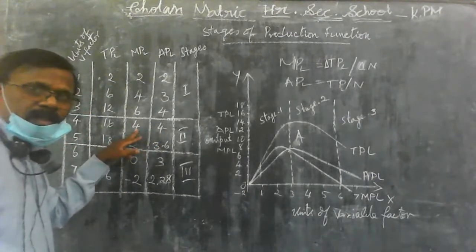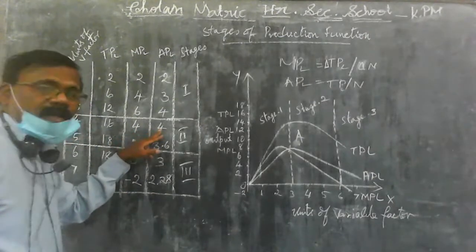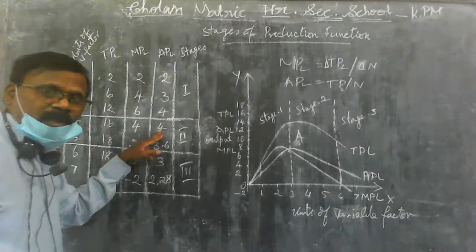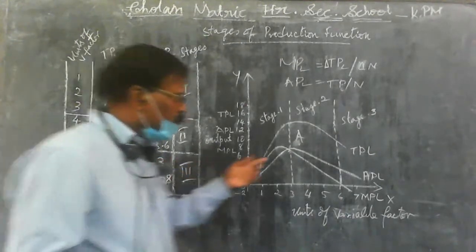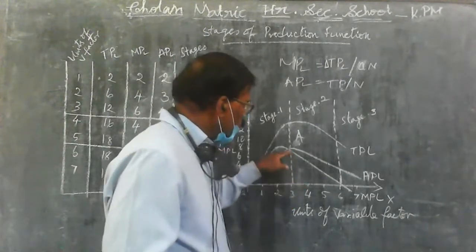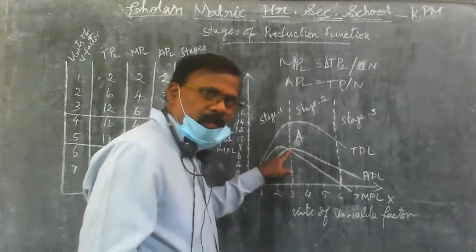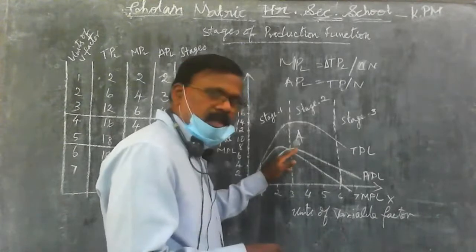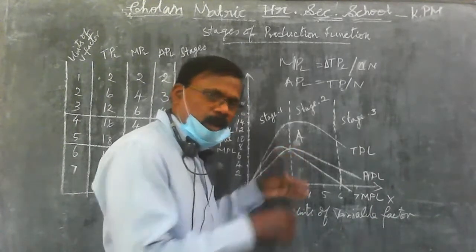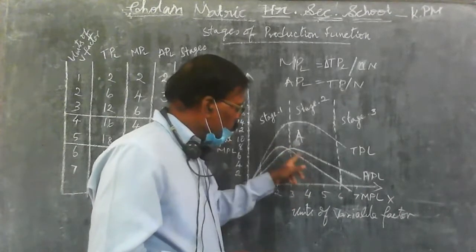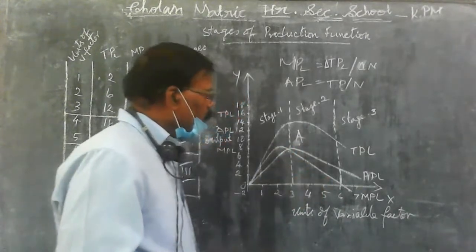Marginal product is equal to average product. That means both are equal. Here, this is the point where the marginal product of labor and average product of labor are equal. This is the second stage.